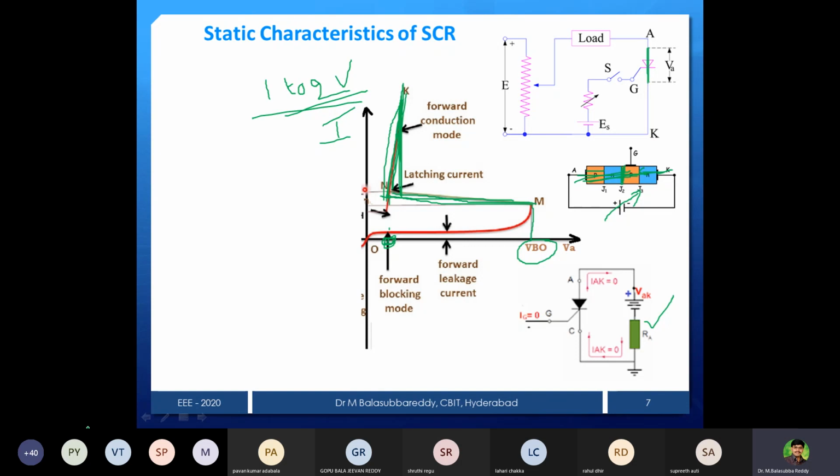That sufficient voltage is nothing but the breakover voltage. If the voltage across anode to cathode equals the breakover voltage, then the junction J2 breaks down. Current rises sharply and voltage drops to 1 to 2 volts. So that is the second mode of operation.